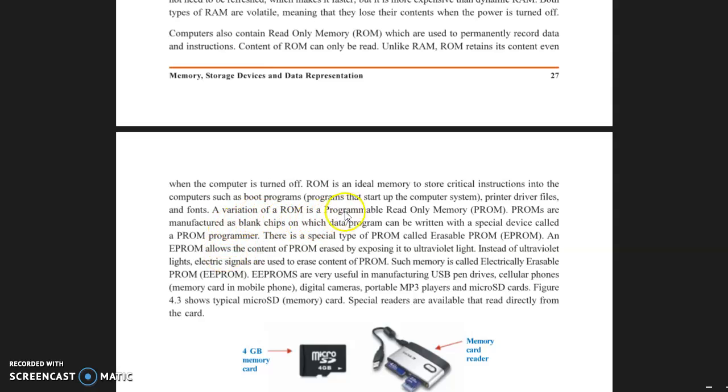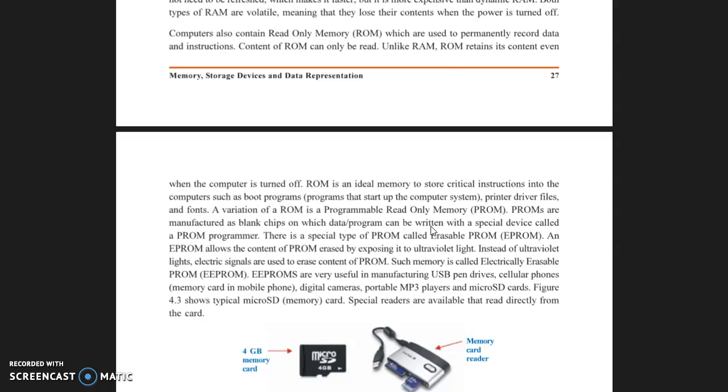A variation of ROM is programmable read-only memory, PROM. PROMs are manufactured as blank chips on which data or programs can be written with a special device called a PROM programmer. There is a special type of PROM called erasable PROM, EPROM. Underline this line: an EPROM allows the content of the PROM to be erased by exposing it to ultraviolet light.